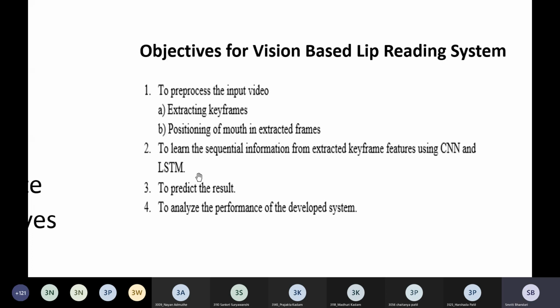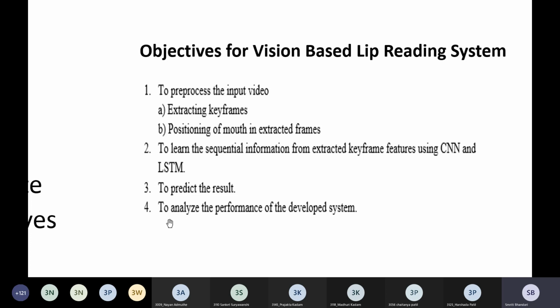Okay, now once we have got the results of our algorithm, the most important task is to analyze the performance of the developed system. This is really a very important bullet. Almost in all the projects, we need to analyze the performance. So we should have this particular objective in any of the project objectives, right?